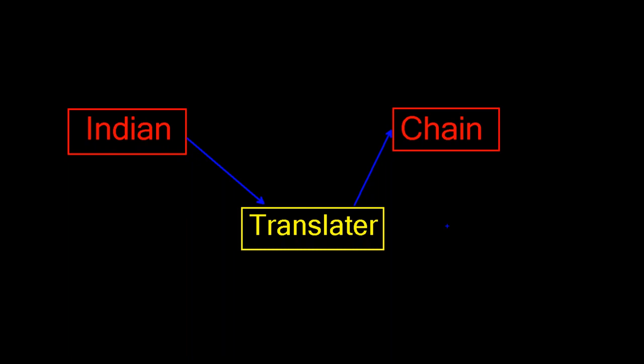In the same way, the system can only understand zeros and ones, the binary language. But whenever we enter a T code, every window is developed in ABAP, as we already discussed.